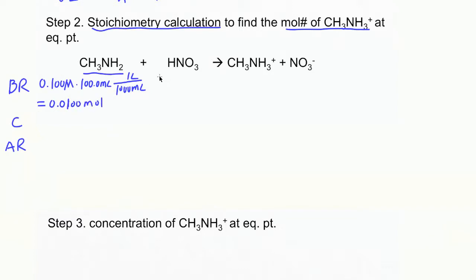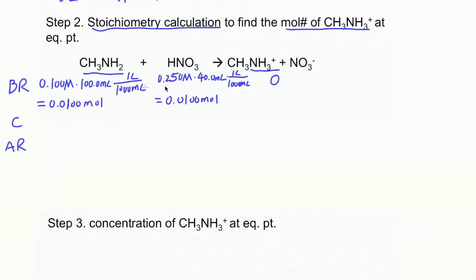Nitric acid concentration is 0.250 mol per liter, and the volume is 40 ml because you need 40 ml to reach the equivalence points. Times, convert that to liter. And calculation result is 0.0100 mol. And for this weak acid, before reaction, you don't have any weak acid, so it's 0.